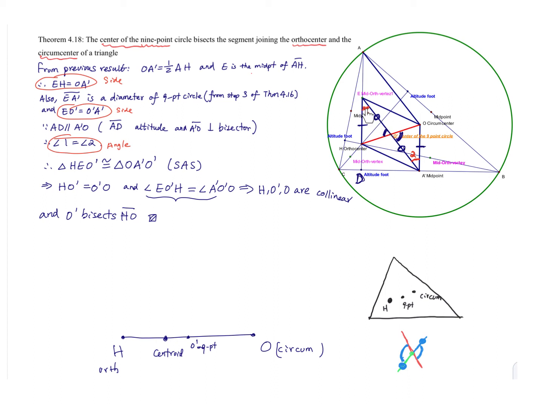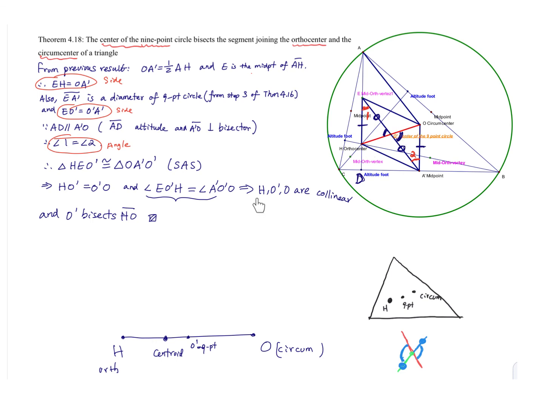Now we have two angles that are equal. So by side-angle-side, these two triangles are congruent. Because they're congruent, we've proved the first result: this is equal to that, and this is equal to that. I should not say bisects for now, because I have to prove that they're collinear before I can use bisect. But at least I'm pretty sure that HO' and O'O are equal.